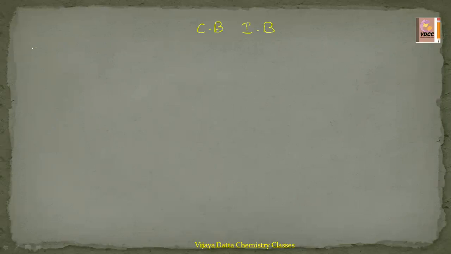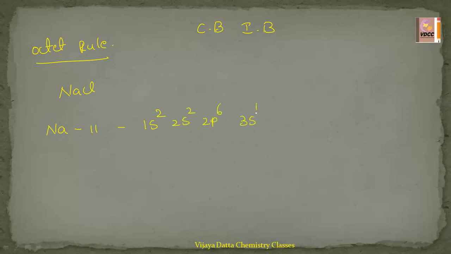Let us understand the octet rule with one example. I'll take NaCl. How is the NaCl bond formed, let's see. Sodium is 11. Its electronic configuration is 1s2, 2s2, 2p6, 3s1. That is its outermost shell.